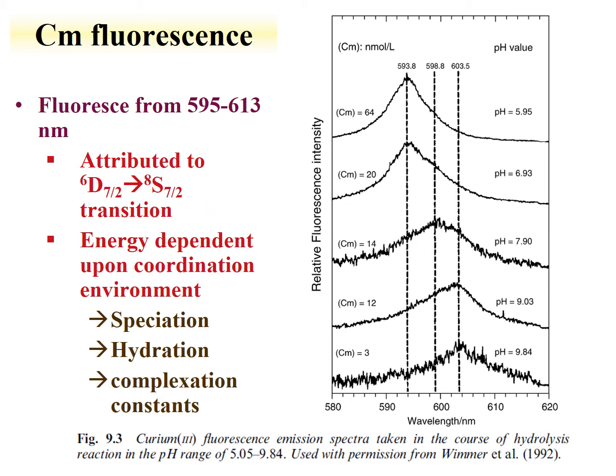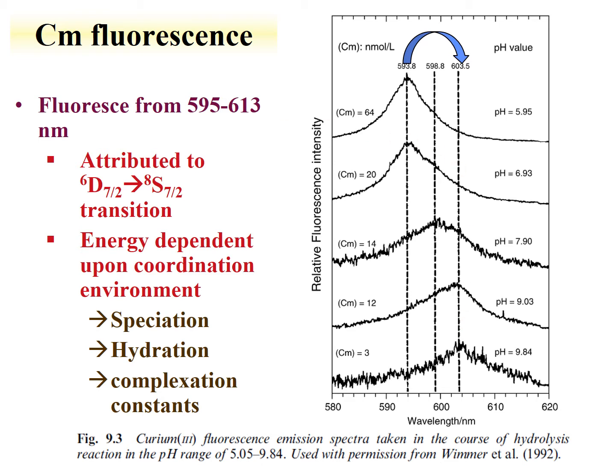And here we see in this example, imagine we're doing a titration on curium, we're adding base, so we're changing the pH, increasing the pH from around 6 to close to 10. And one of the things we observe is that as the pH increases, we see a shift from this peak to this peak.